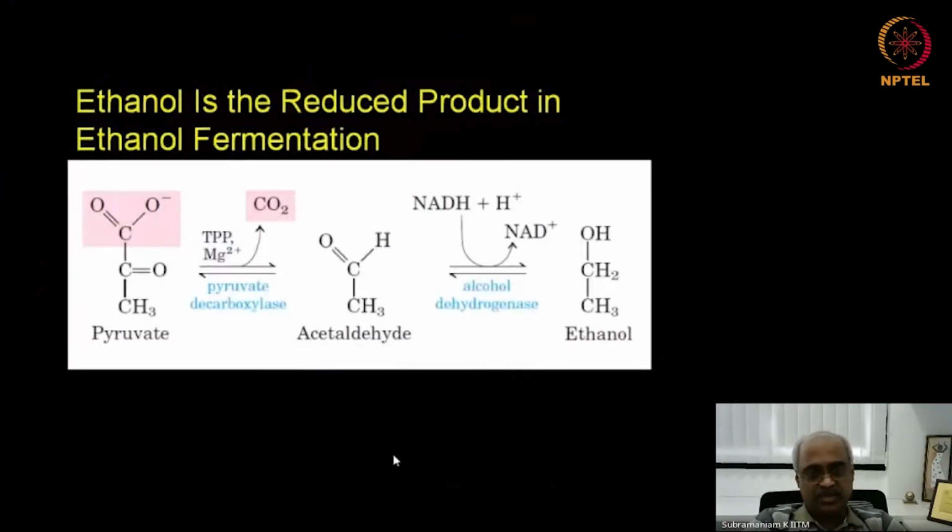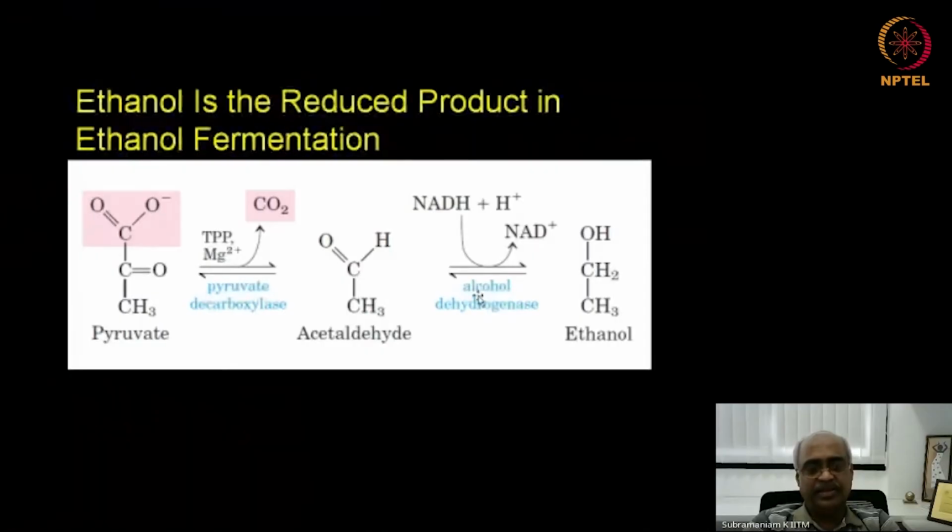In yeast, on the other hand, unlike our muscle cells, there is an interesting additional enzyme which we do not have, pyruvate decarboxylase. This pyruvate decarboxylase will remove carbon dioxide from pyruvate and produce acetaldehyde, which, in the presence of alcohol dehydrogenase... remember, this enzyme we encountered as an example of competitive inhibition while studying enzyme inhibition.